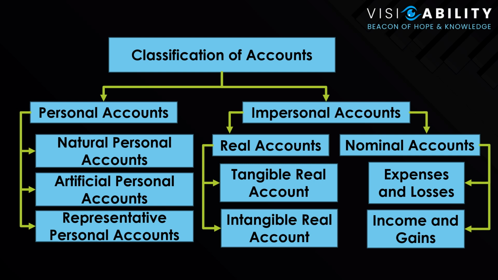The next is the artificial person account, that is, an organization. Then comes the representative personal account. As far as representative personal accounts are concerned, it would be a bit confusing at this stage for you to understand, so let's not go into those details as of now.